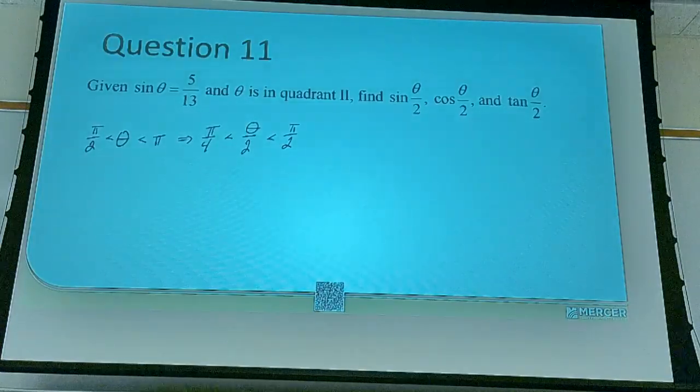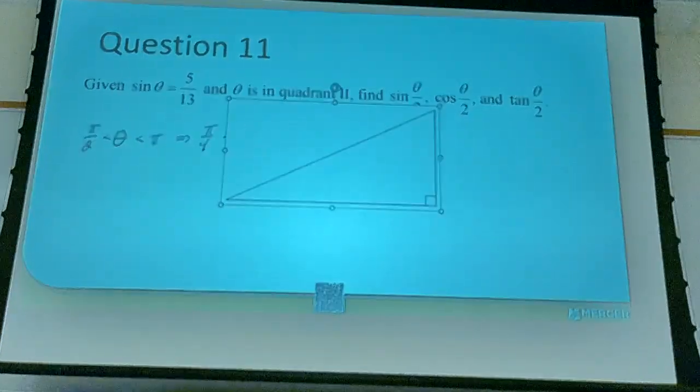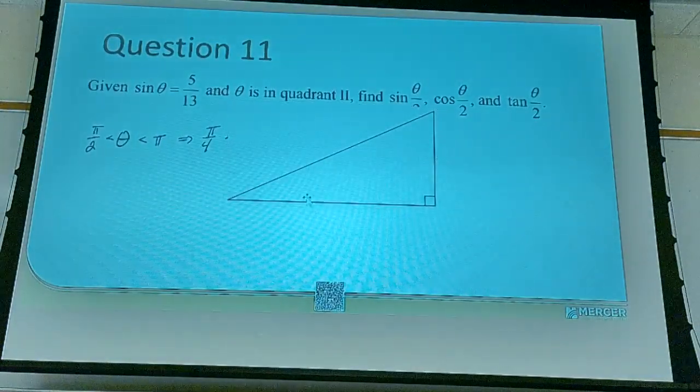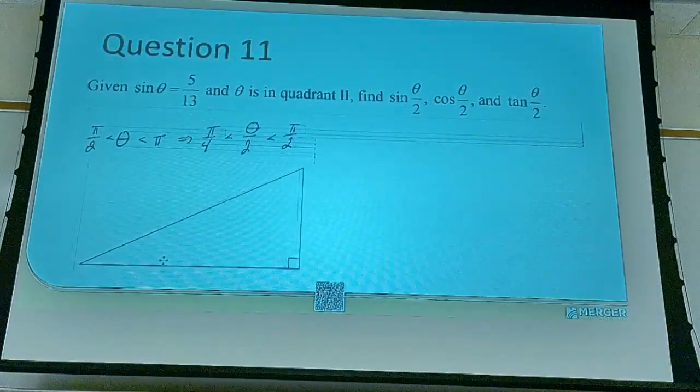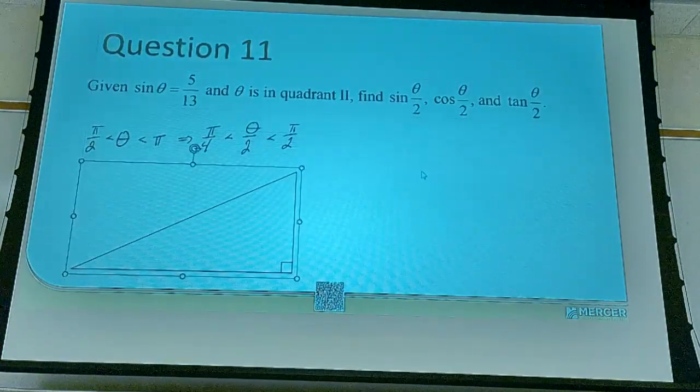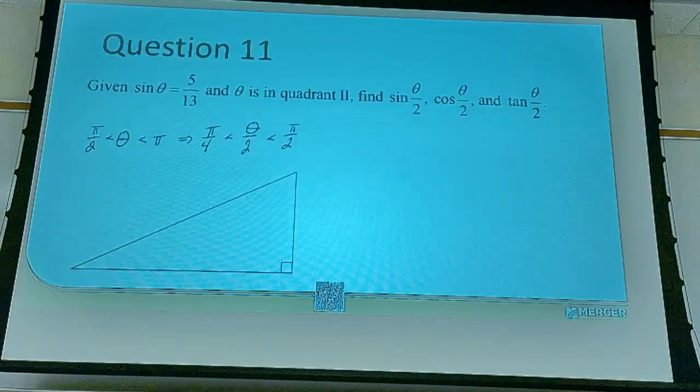Which makes cosine positive. In fact, all sine, cosine, and tangent will be positive, and theta over 2 is in the first quadrant. Theta isn't, so I'm going to need theta prime, the reference angle for theta.